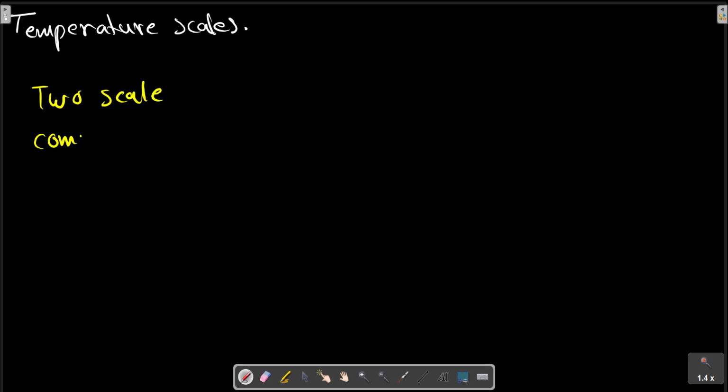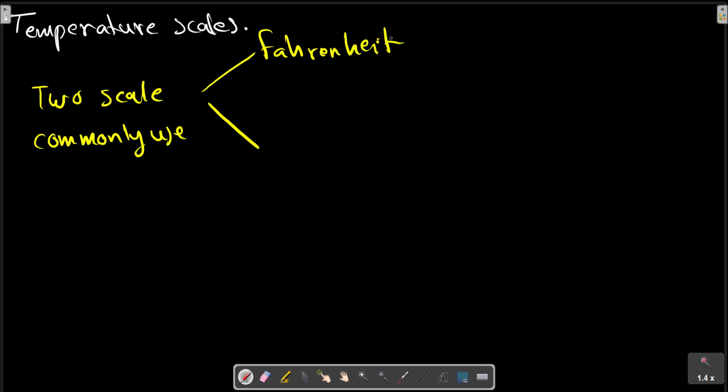Temperature scales. Two scales are commonly used for measuring temperature, namely the Fahrenheit and the Celsius.